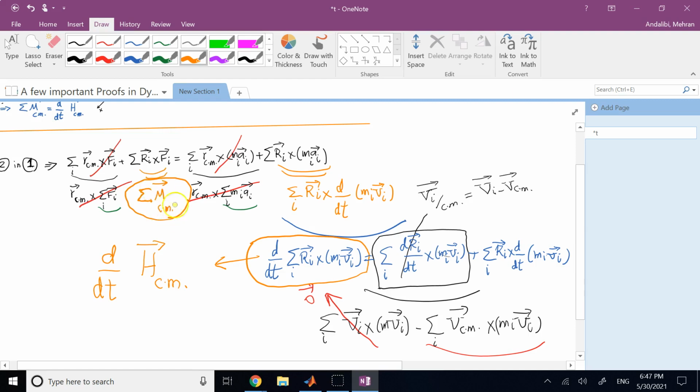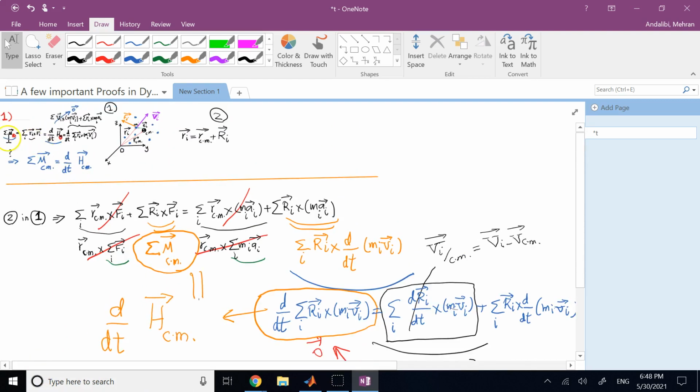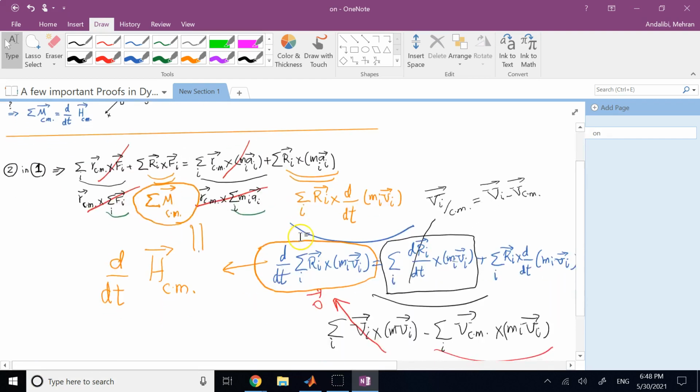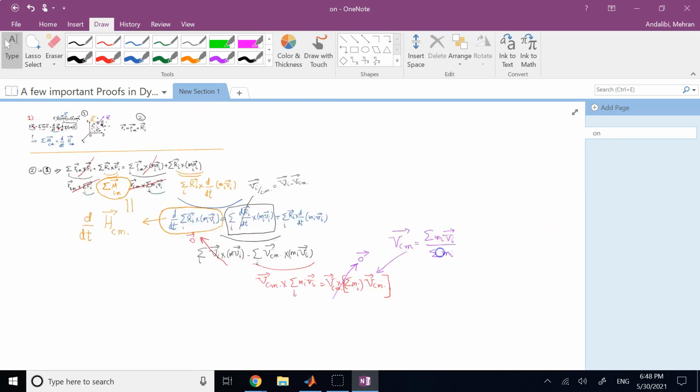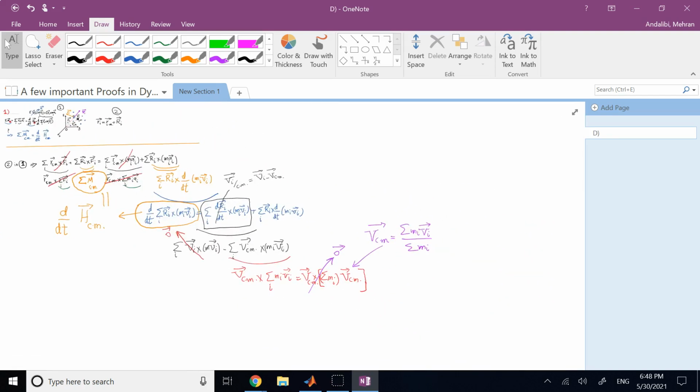And now you see, the sum of the moments about the centroid is equal to d over dt of the total angular momentum about the centroid. So I can change the origin point and replace it with the centroid. But behind the scenes, there is this much of a proof going on to just show you that you can change the origin to the centroid and still use that equation.